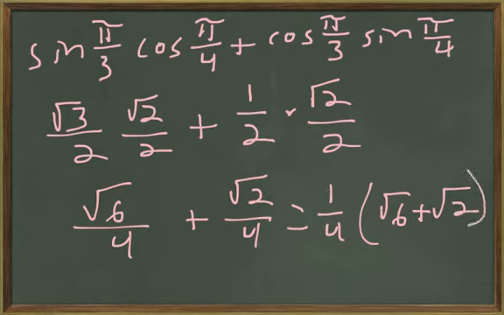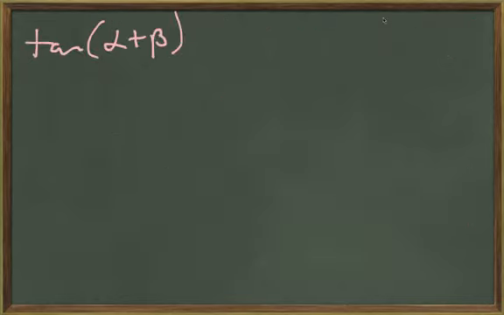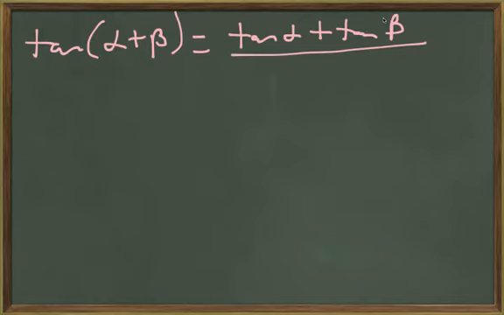Okay, so this is the sum and difference formula for the sine function. So with the sum and difference formulas for the tangent function, we have tangent of alpha plus beta, and this equals tangent alpha plus tangent beta all over 1 minus tangent alpha tangent beta.